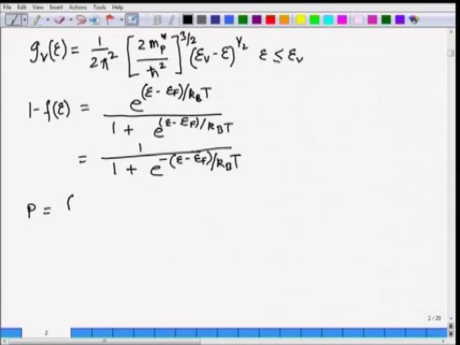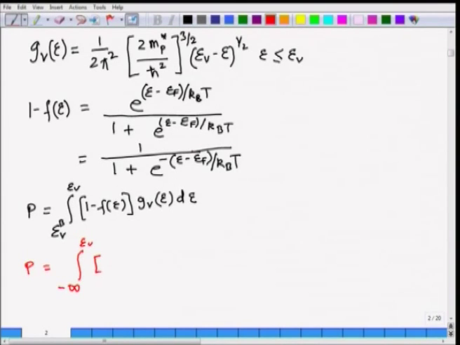Then we had said that p was going to be equal to the integral from EV bottom to EV of 1 minus F of E times GV dE. And one more statement I will make, again in red pen, is that p is also equal to the integral with minus infinity this time, to EV, of 1 minus F of E times GV dE.